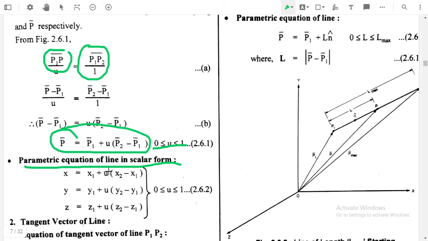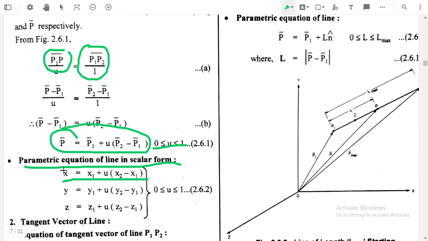Now we want to represent the parametric equation of the line in a scalar form. What is it? x is equal to x1 plus u into x2 minus x1.